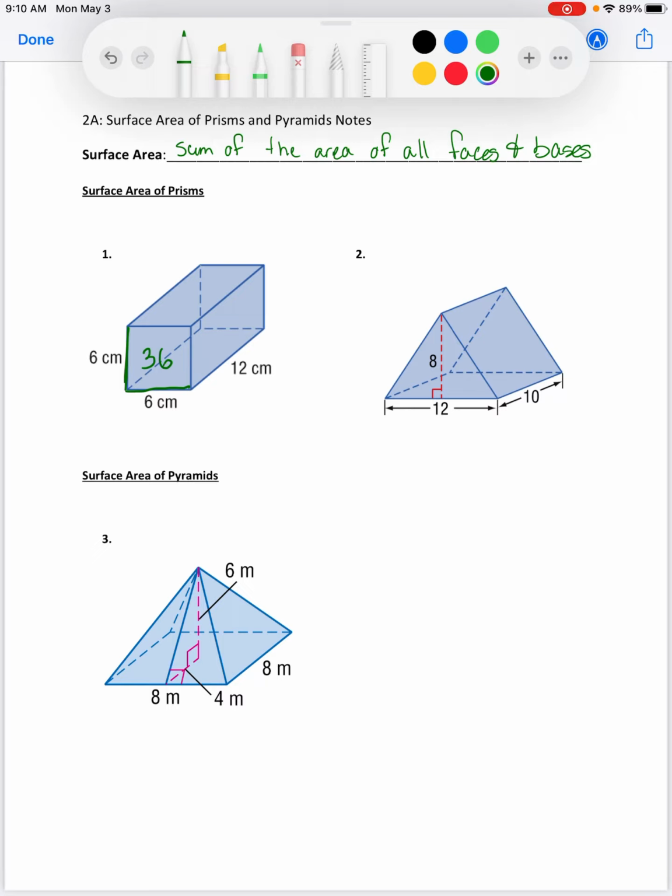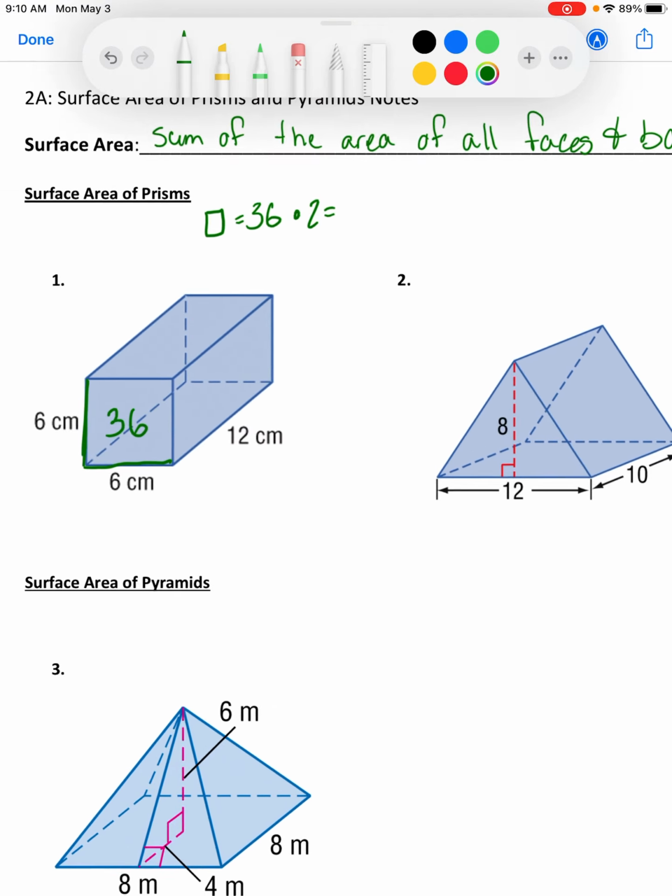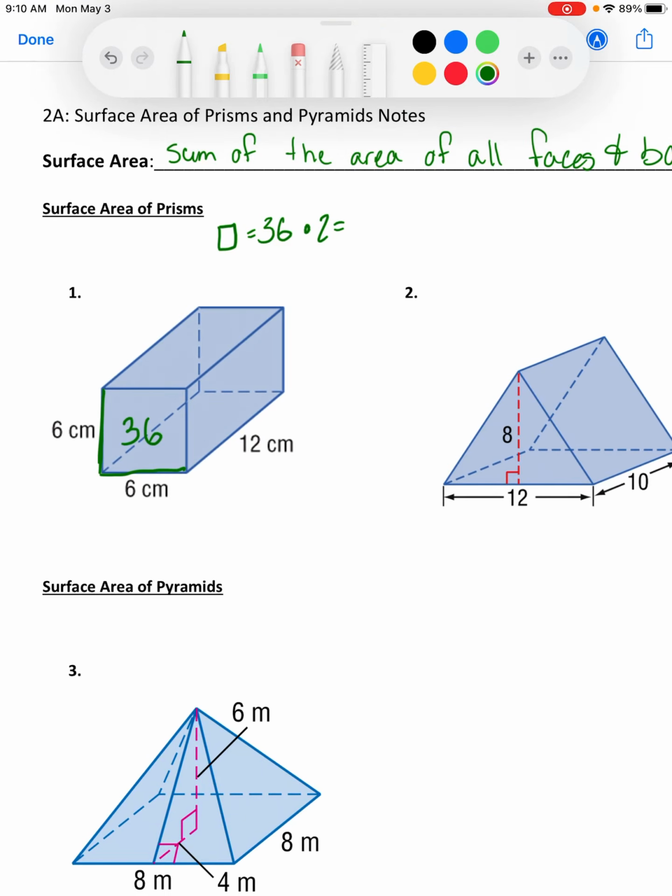I'm not going to write that label yet. I'm going to save that for my final answer. I'm just going to jot down the numbers for now. So the area of one of these squares is 36, and we have 2 of them, so I'm going to multiply that by 2. Our total area for our squares is going to be 72 centimeters squared.